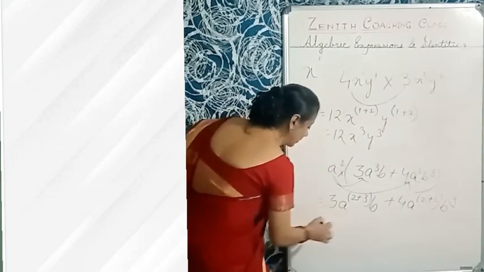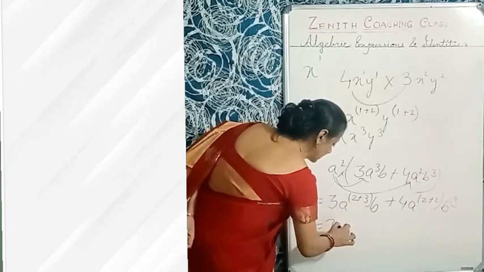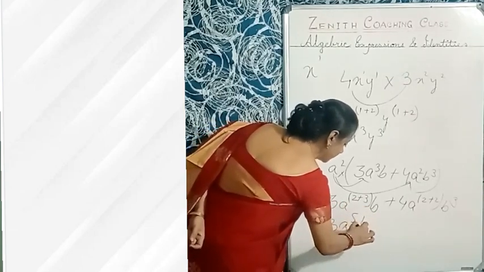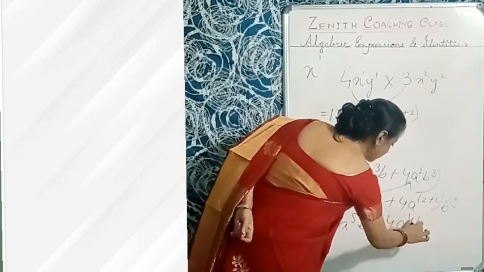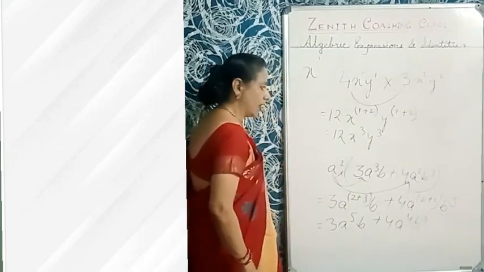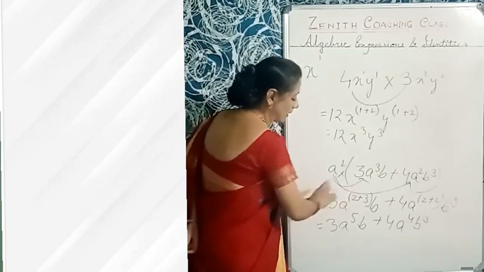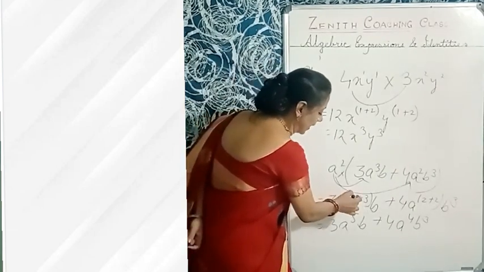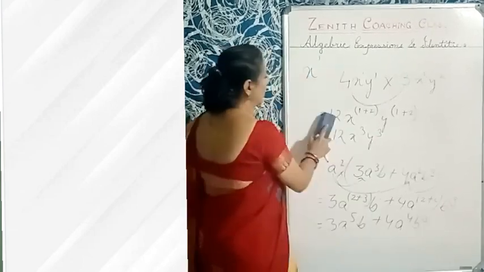So what do you have to write? 3a to the power 2 plus 3, that is 3a to the power 5b, plus 4a to the power 4b cube. Understood the sum? This is the multiplication; you have to do the addition of the powers.